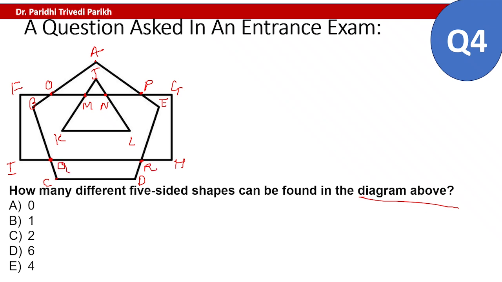Now, let's find out what all are the five-sided shapes that can be found in the given figure. So I can say A, B, C, D, E. You just focus on what I'm writing and try to check in the figure.